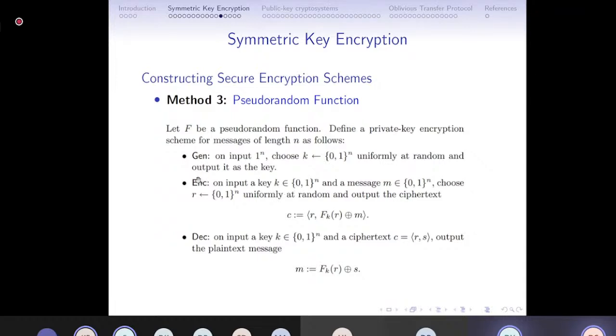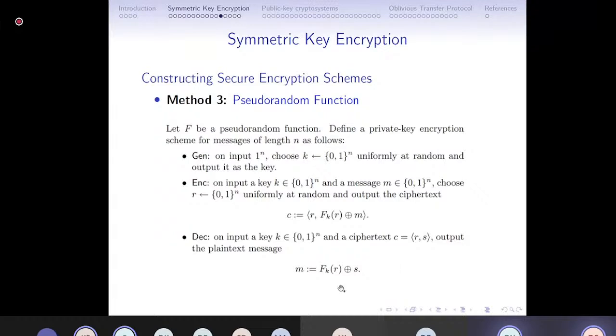Apart from this, we also generate a fresh random value of n bits using the uniform distribution, and then we apply this key as well as this random value to the function. We evaluate the function F, and then we XOR the output of this function with m, and we get the ciphertext C, and we send this value as well as the random value to the receiver.